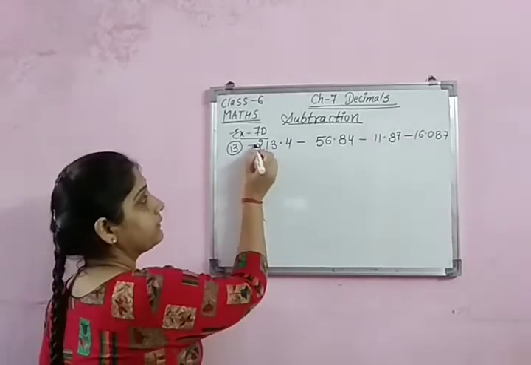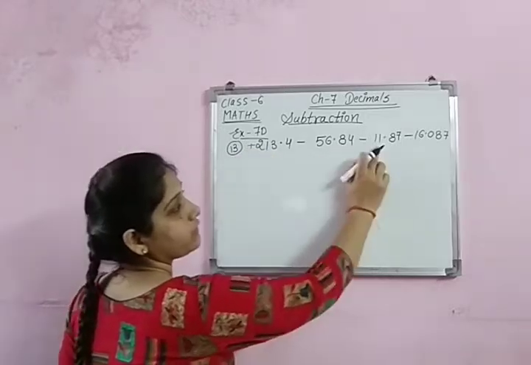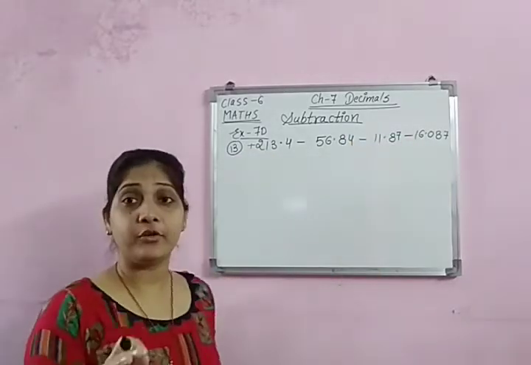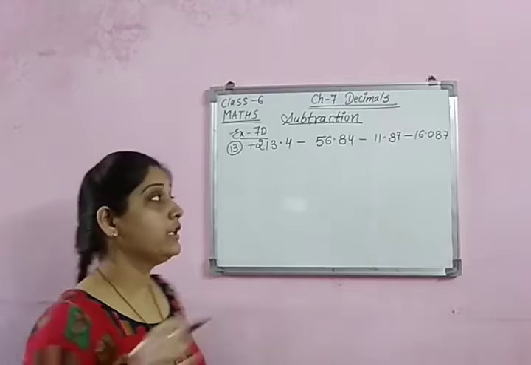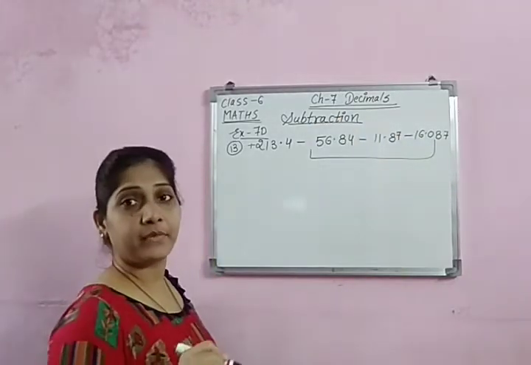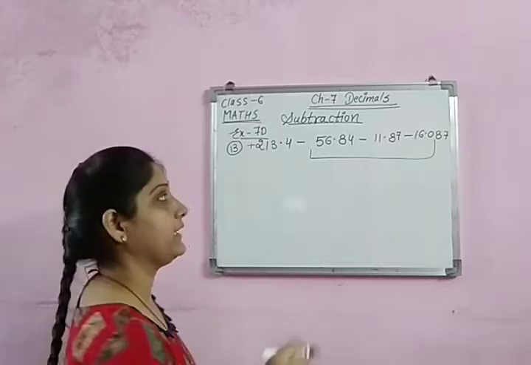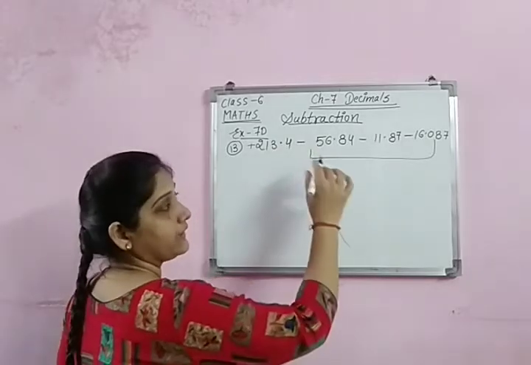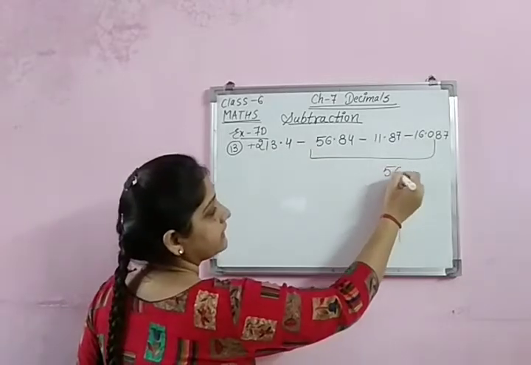Now here, the concept of integers which you have already learned. This number is with a positive sign and the rest of the numbers with a negative sign, and we know same sign means addition. So can we do addition of all these 3 numbers, because all have the same sign? First I am finding the addition of these regardless of their sign.